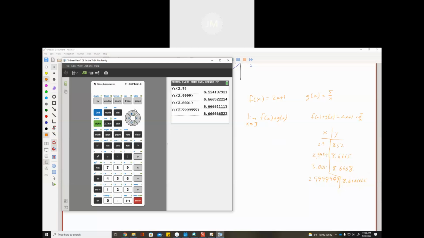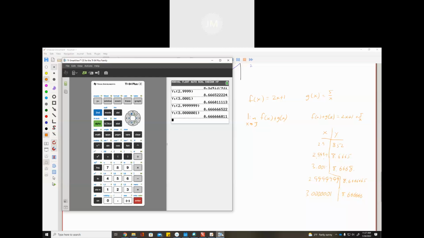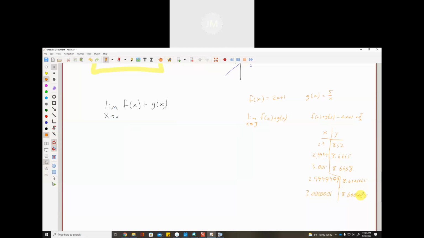I put some more zeros here, so 6 zeros and then a 1, then I get 8 point and a bunch of 6s. All right, so I think that we can see a pattern here.